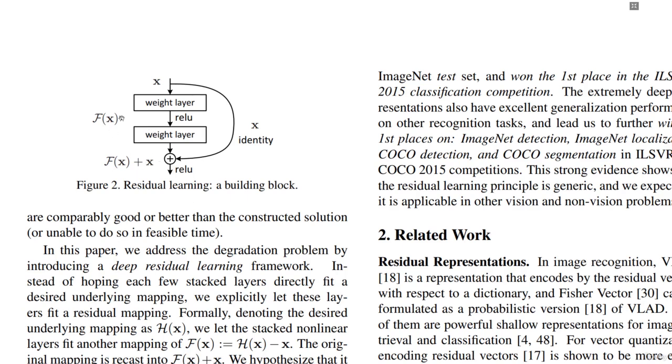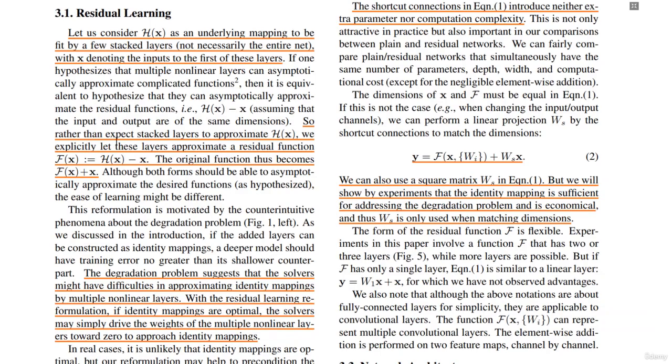So the stacking up simply is f of x. So after stacking up, in the output right here, we have f of x. But then when we connect x to f of x, it gives us f of x plus x, which is now h of x. Rather than expect stacked layers to approximate h of x, we explicitly let these layers approximate a residual function f of x. The original function thus becomes f of x plus x.